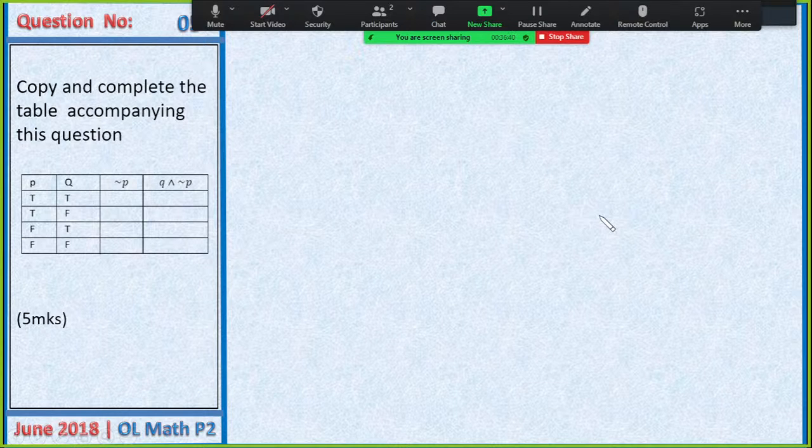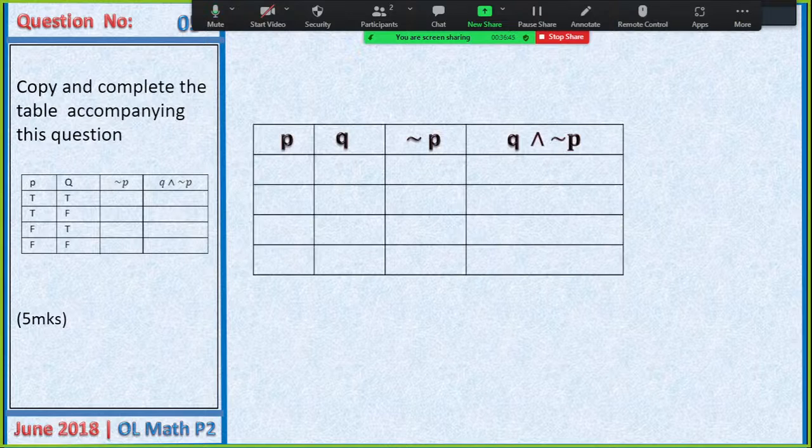Alright, so let me just sketch it again here. So that's the truth table. So we have to complete this truth table.